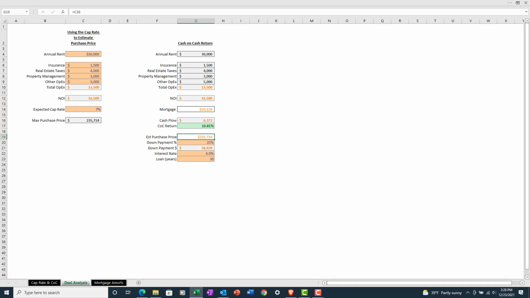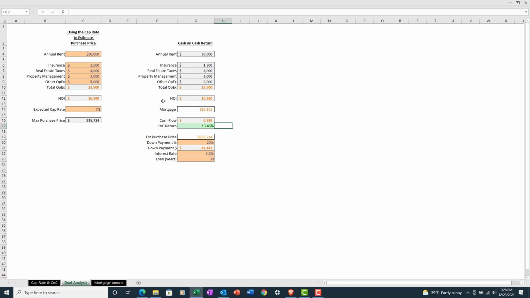So this is giving us a cash on cash return of 10.81%. You can see that in the green highlighted cell in G17. If we decide to put down 20% and we improve our rate to, let's say, 3.5% on that 30-year loan, then our cash on cash return jumps up to 13.45%.